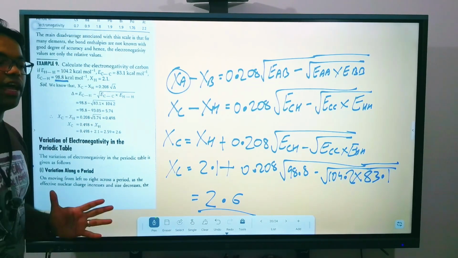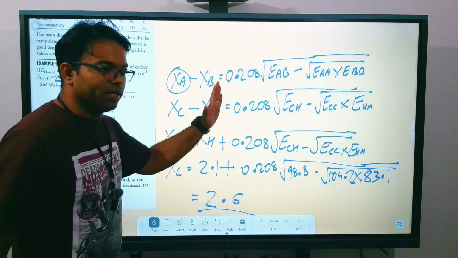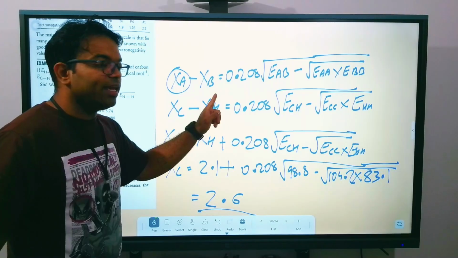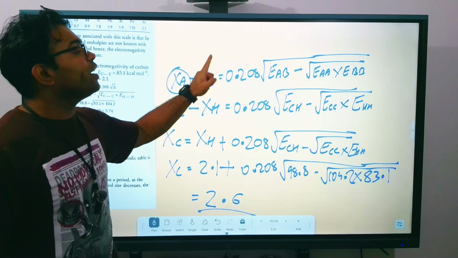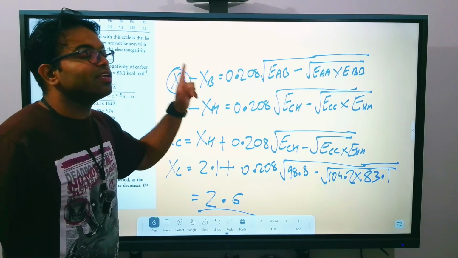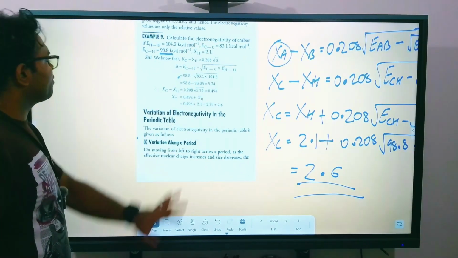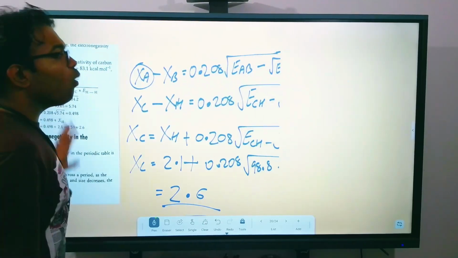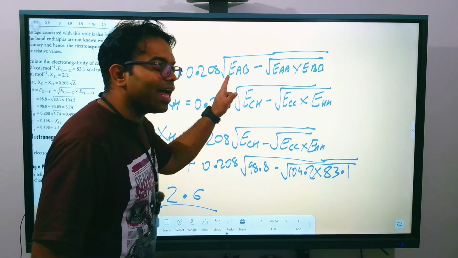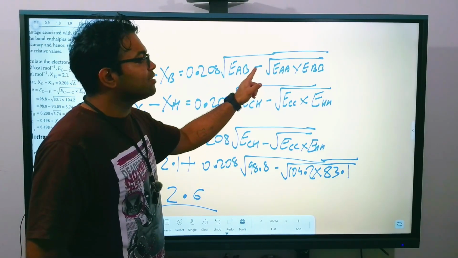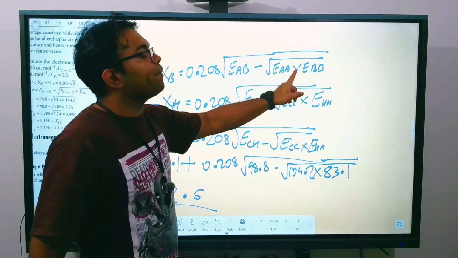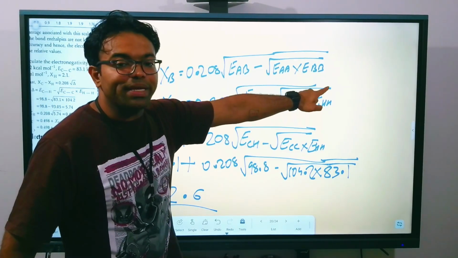So what is the formula that we have? XA minus XB, the electronegativity of A minus the electronegativity of B, is equal to 0.208 for kilocalorie or 0.1017, right? 0.1017 root under EAB, the bond enthalpy of AB, minus root under the bond enthalpy between AA multiplied by the bond enthalpy between BB.